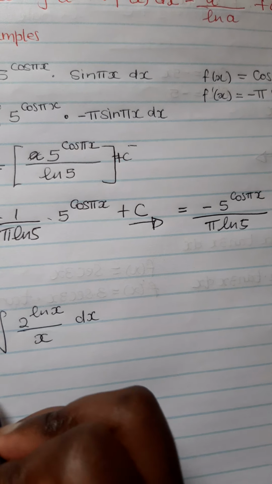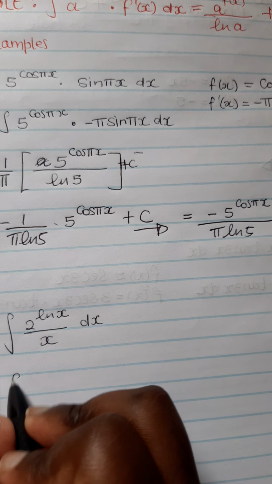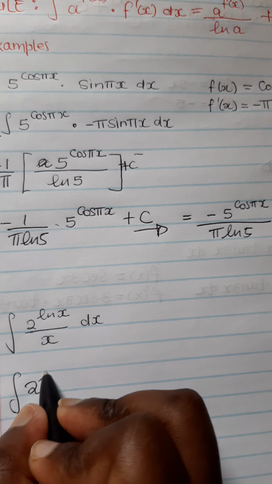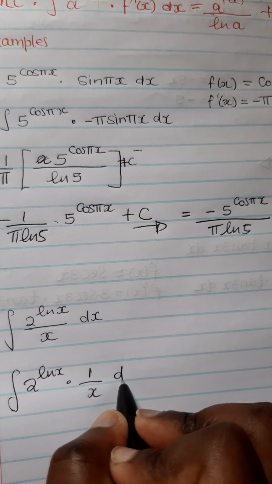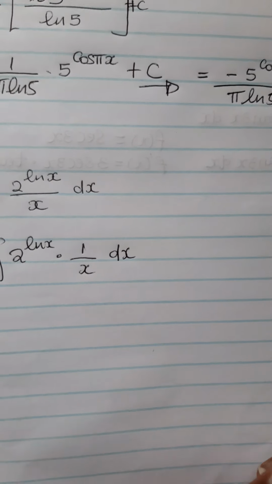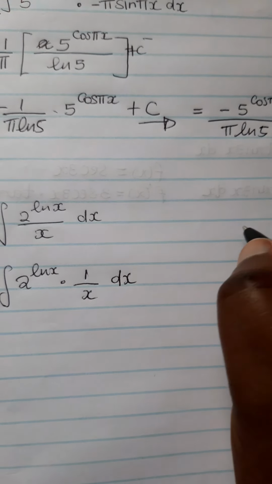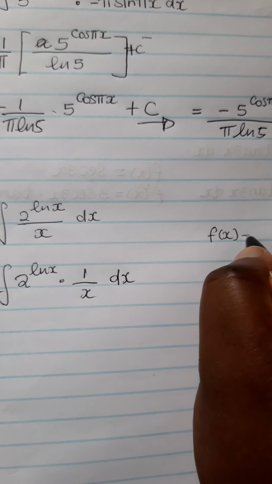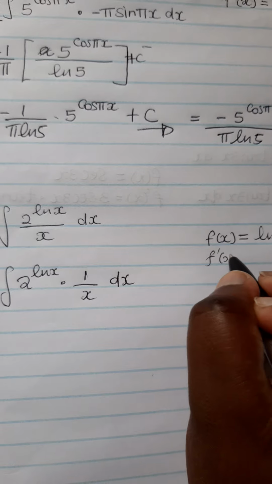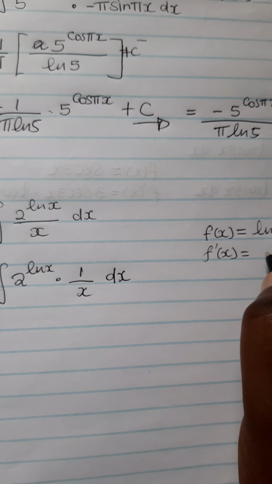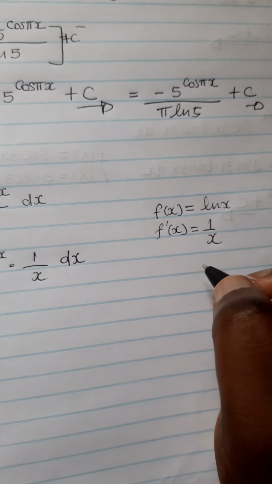Looking at example number 2. So example number 2, we just have to first write it in the correct format. So this will be 2 to the power ln x times 1 over x dx, separating the variables just so it's clear what is happening. So in this case, my f of x is equal to ln x. Then what is my f prime? My f prime x is 1 over x. Is the rule satisfied?